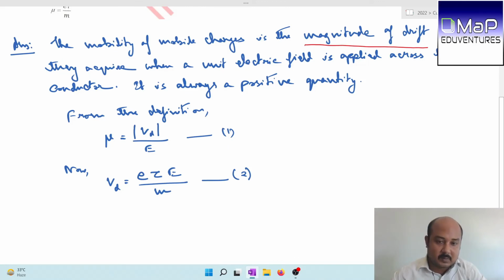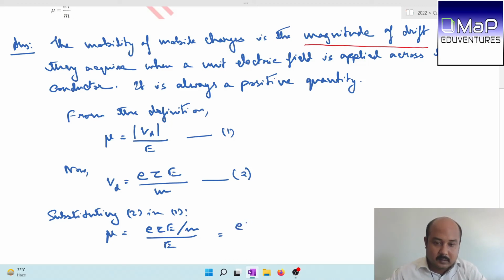Simply substituting expression 2 in 1, we get mu equal to e tau E by m divided by E, which gives us e tau by m. This is question number 4.